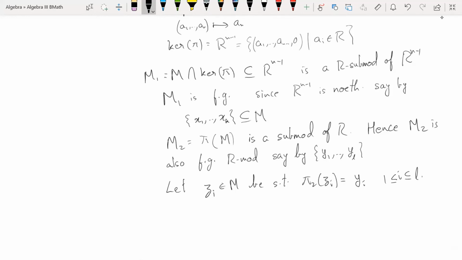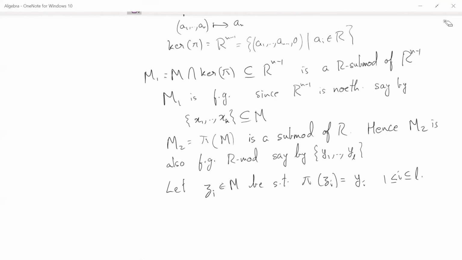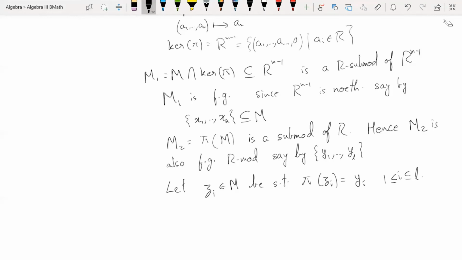We can find such a zi because M2 is precisely pi of M, so pi restricted to M is surjective onto M2.